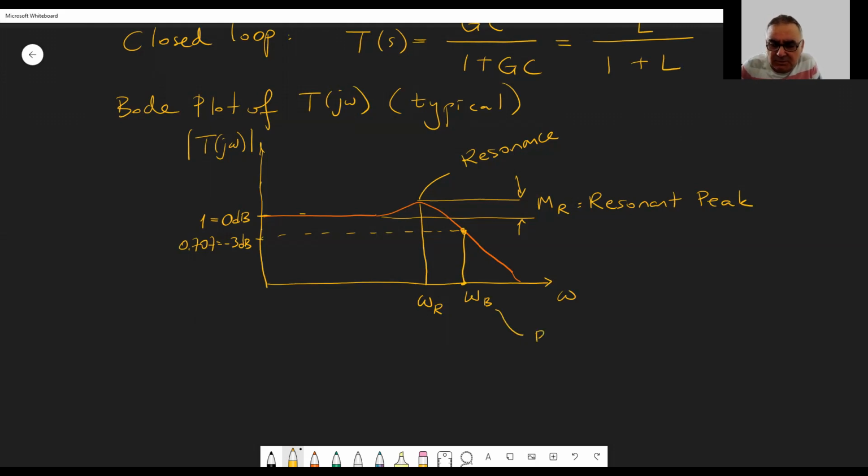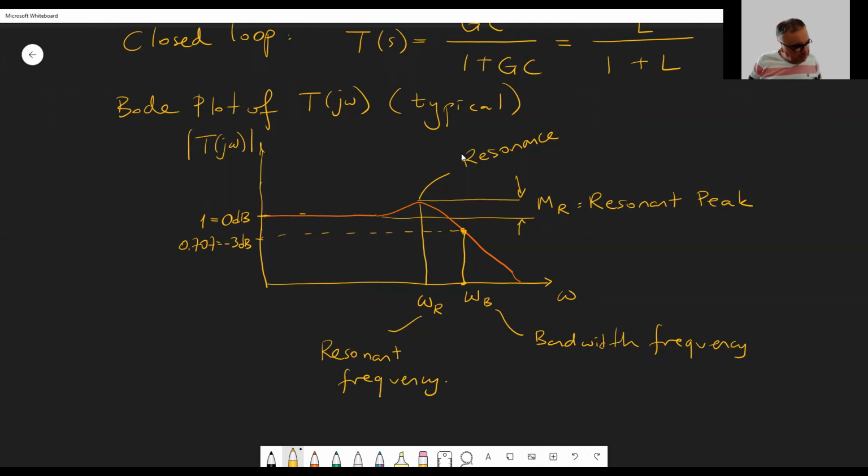And this is called the bandwidth frequency. This is called the resonant frequency. And MR is the resonant peak.